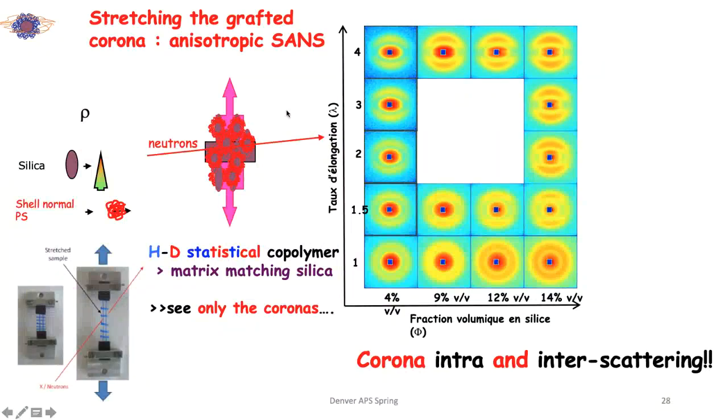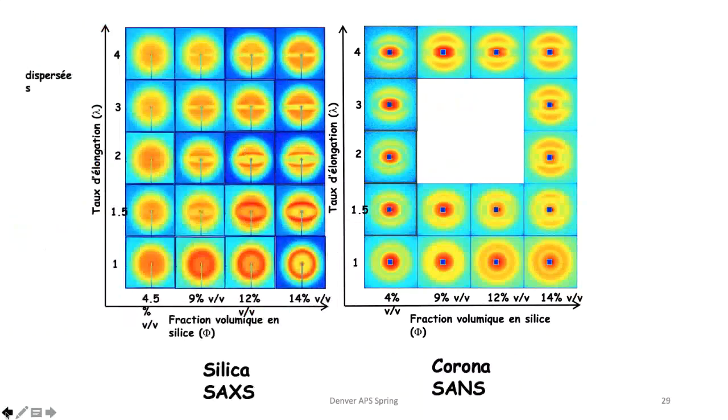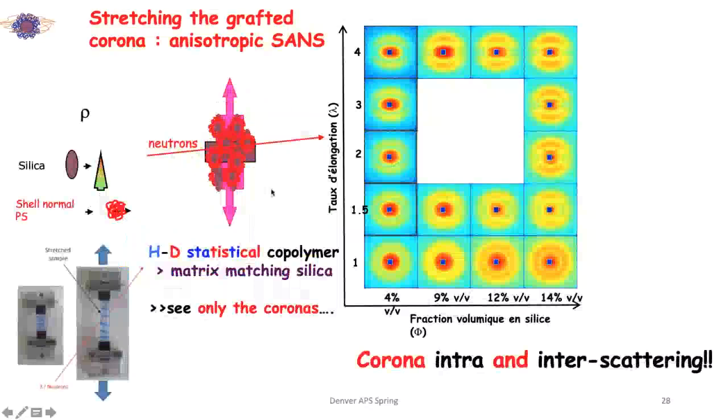In the case of grafted nanoparticles, we were able, again, to use this statistical copolymer matrix, which allows us to match the silica, so that we can only see the scattering from the corona.